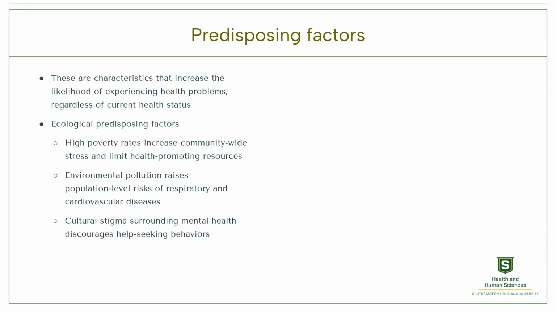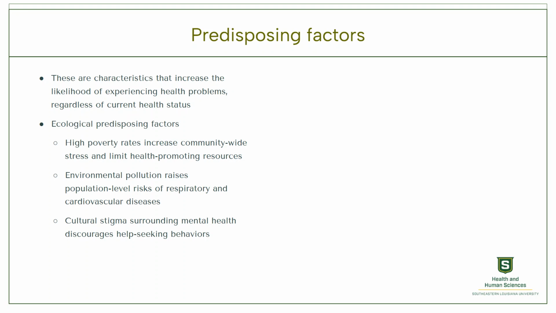Let's say you live in a community where there is a lot of allostatic load as a result of negative interaction with the police, or negative interaction with law enforcement.